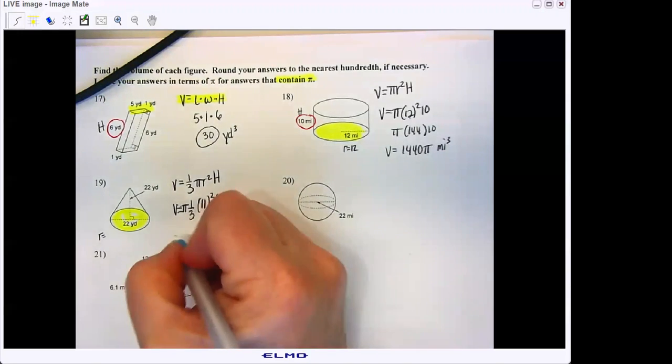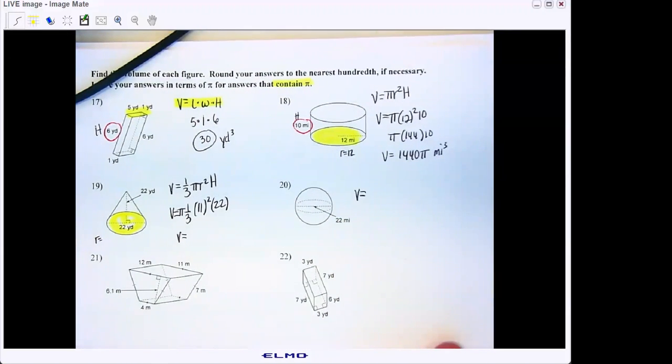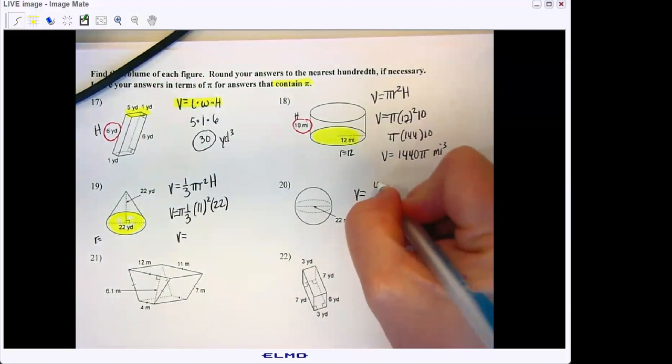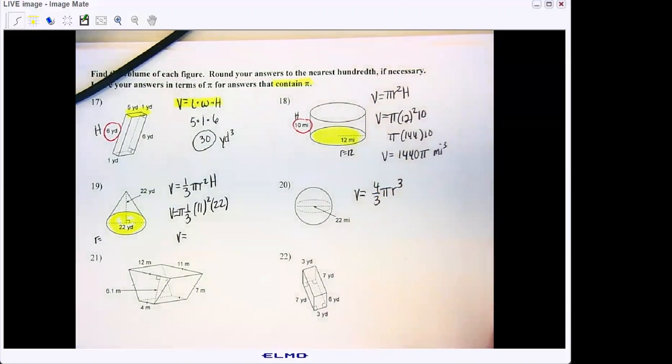Okay. And I'm going to let you finish it. Over here, volume equals 4/3 pi r cubed.